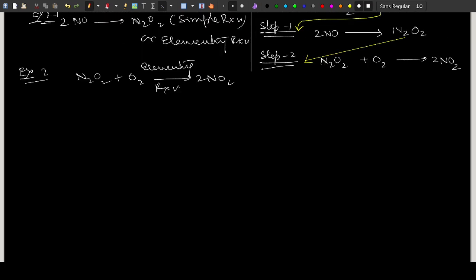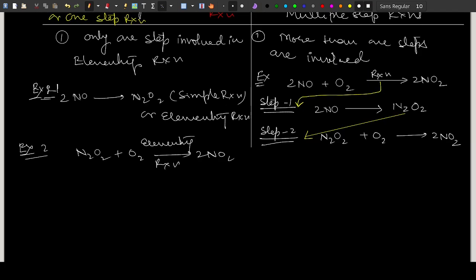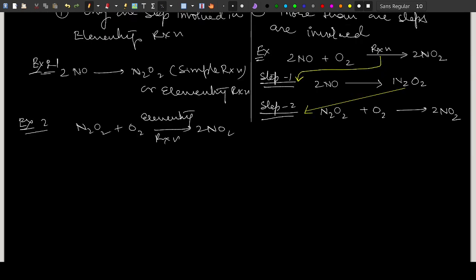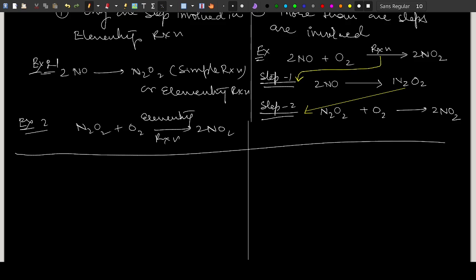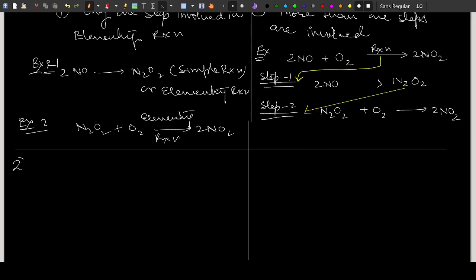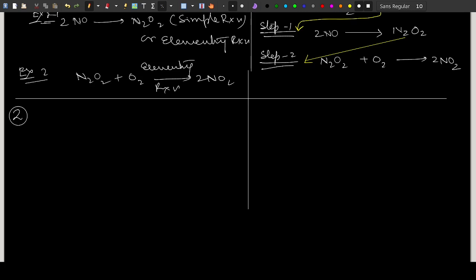Now we have to draw a little graph. Here is the progress of reaction, and here is energy.